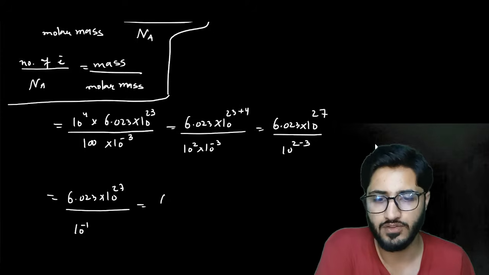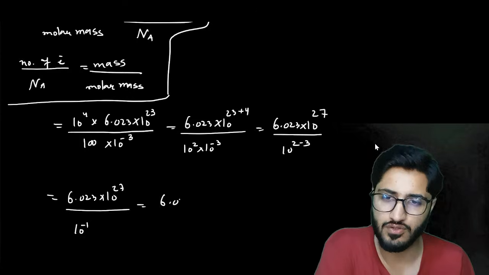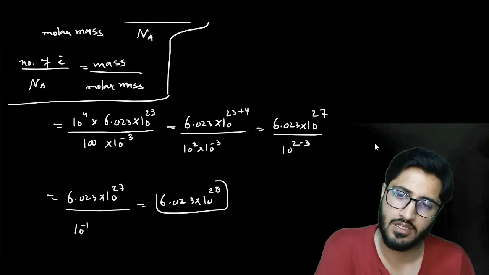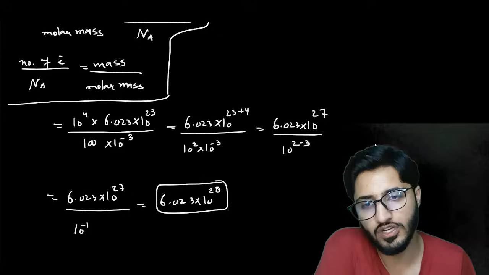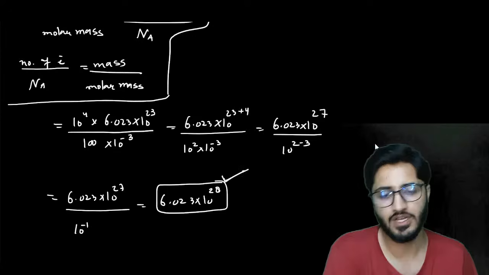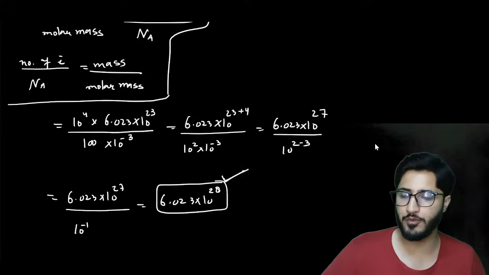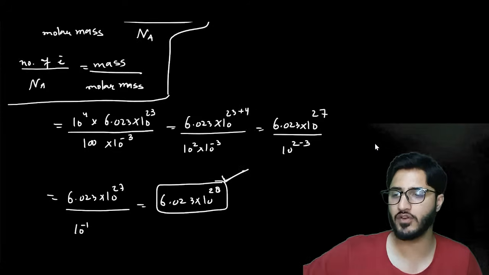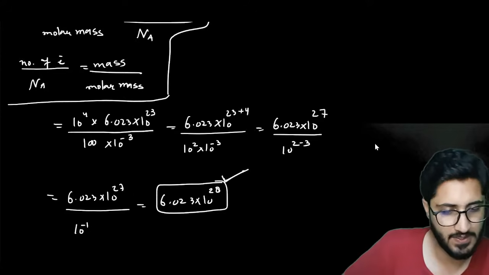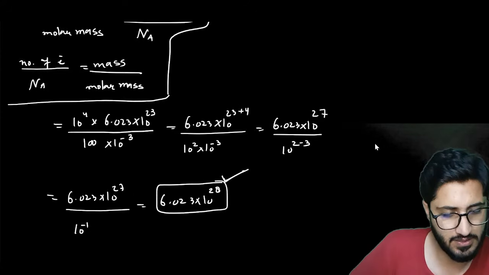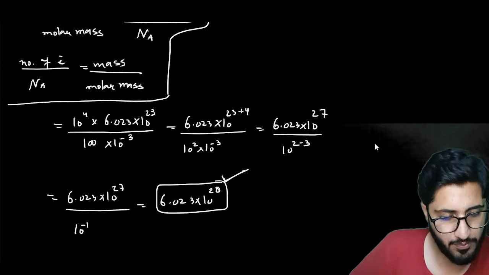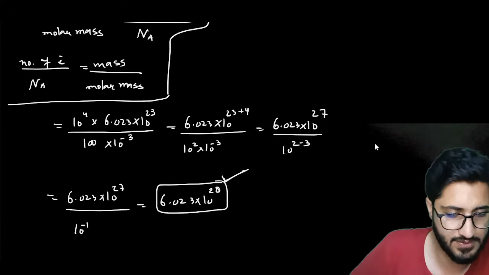It is 6.023 into 10 to power 28. This value is the number of electrons per unit volume. So this is how we will manipulate our numericals based on the inputs. Done?